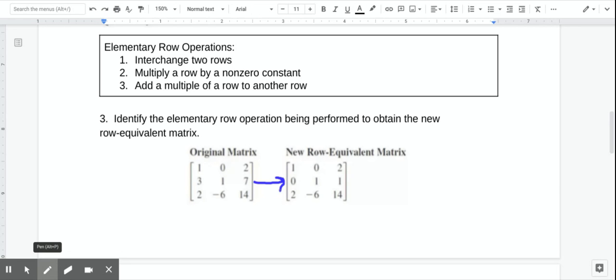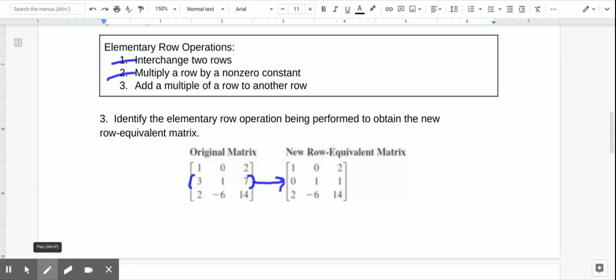So we need to figure out what happened. Did we interchange two rows? Clearly we did not, because the other two are the same. Did we multiply this row by a non-zero constant and get those numbers? No, we didn't, because I don't know what you would multiply 3 by to get 0 other than 0. So what we must have done is add a multiple of one row to another row.